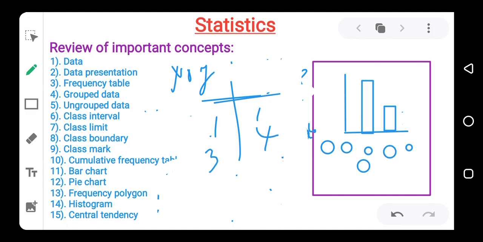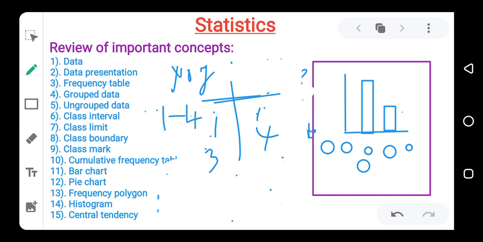But in grouped data, for me to list all these students one by one like this, it will be difficult for me. So let me group the weights and say students that weigh from 1 to 4. Let me group them together. That means this one, which weighs 1 kg, and the 3 which weigh 4 kg, are all within the range of 1 to 4.